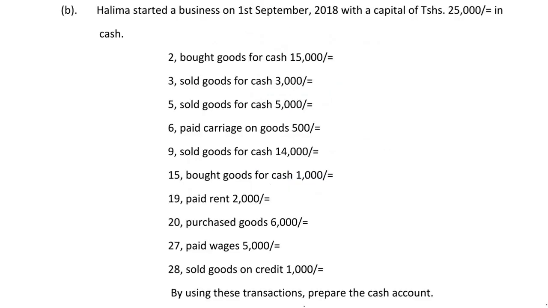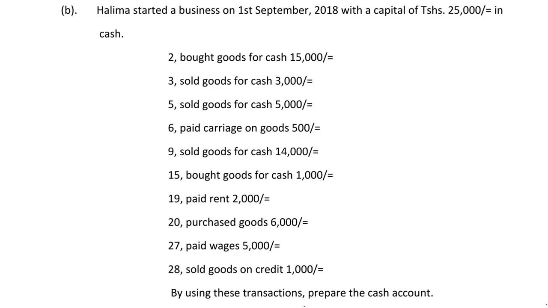Part B of the question. Halima started a business on 1st September 2018 with a capital of Tanzania shillings 25,000 in cash. So we have been given several transactions there. Using these transactions, we are supposed to prepare the cash account. We just have to recall that a cash account is the account which records cash transactions.